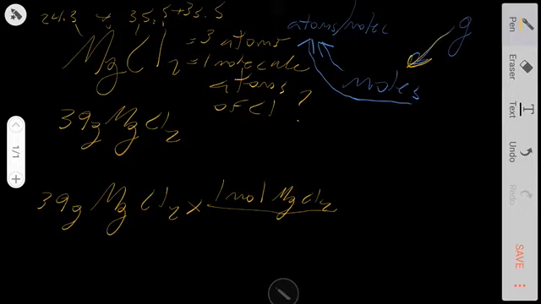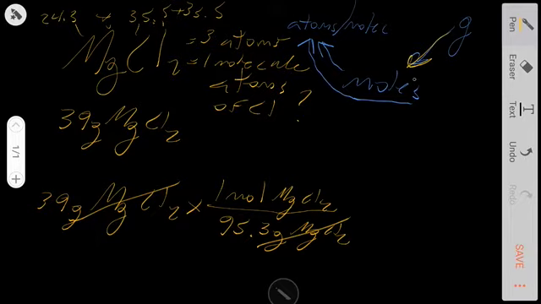Your total should be 95.3. So that means in 1 mole of MgCl2, I have 95.3 grams. Grams of MgCl2 are going to cancel with grams MgCl2. Now I'm at moles. Cool.